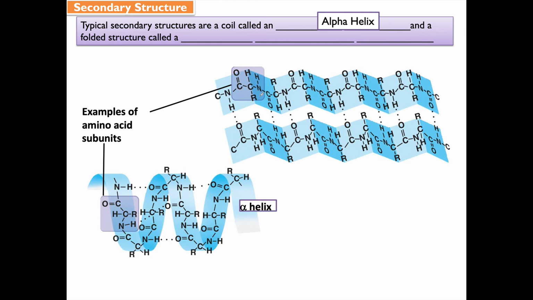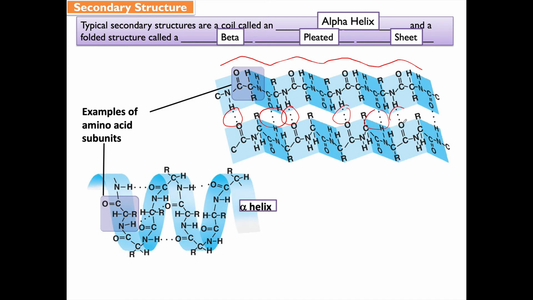And same thing with a beta pleated sheet, which is our next shape. You can see real gradual folds here, not like coils like we see in the alpha helix, but very gentle. Another thing to see is these H to O's, O's to H's. What were these again? Well, these were hydrogen bonds. These hold these coils in place.